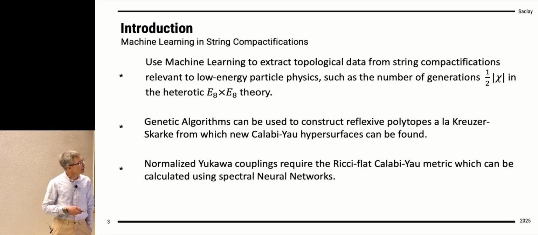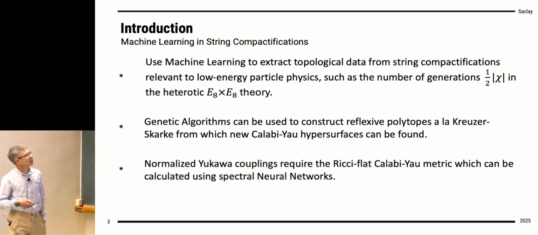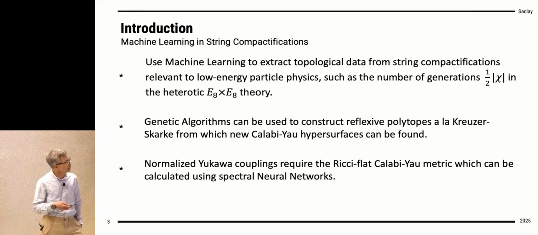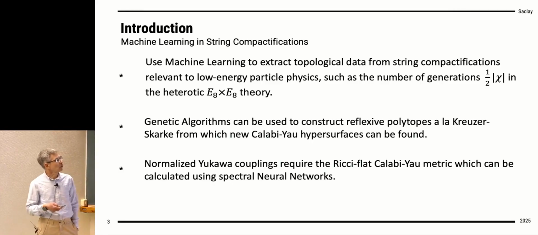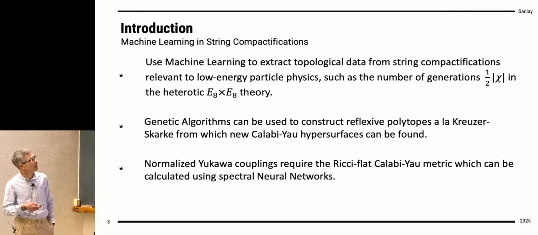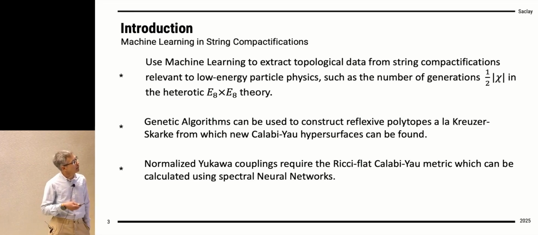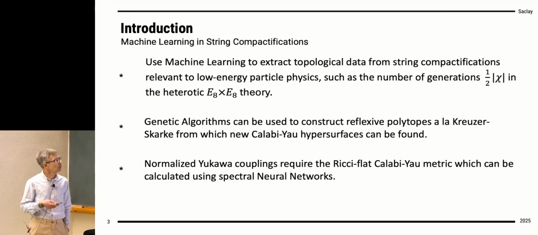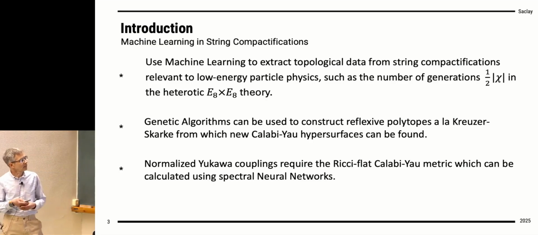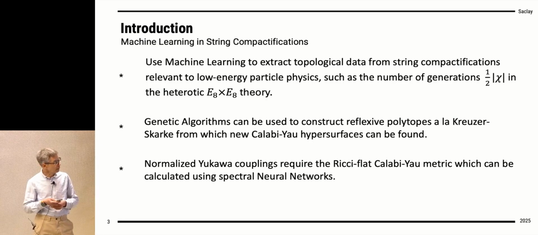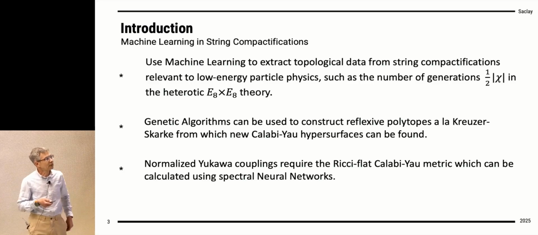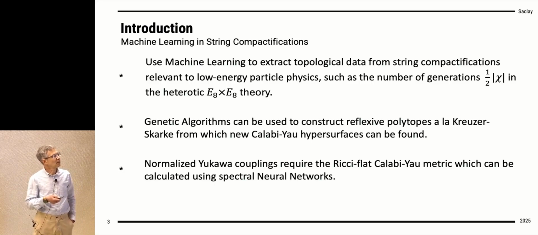And then the final thing, these normalized Yukawa couplings using a special form of what we call spectral neural networks, in which we can define a global function phi that is part of how we solve for the Ricci flat metric, from which you then compute the Ricci flat metric. And in fact, it's that function phi that is rendered on that picture of the Calabi-Yau.